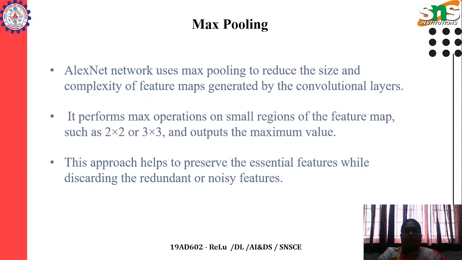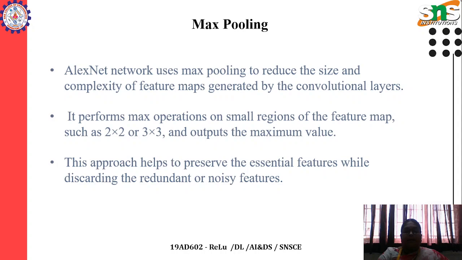The max pooling concept I am also going to explain in this lecture. The AlexNet network has max pooling. I said in the architecture we see pool 1, 2, 3, three pooling layers. It is mainly used to reduce the size and the complexity of the feature maps generated by the convolution layers.